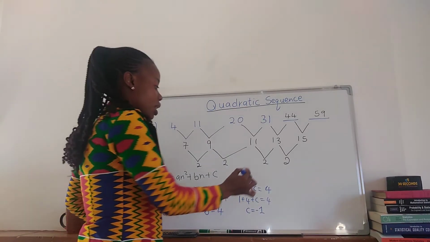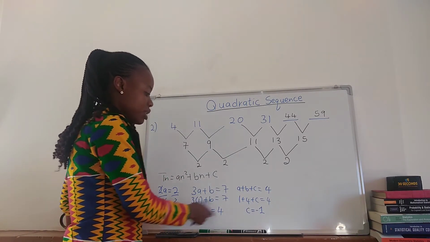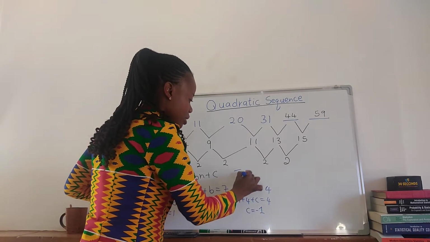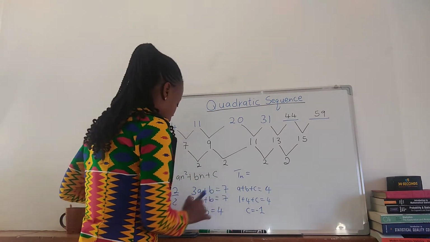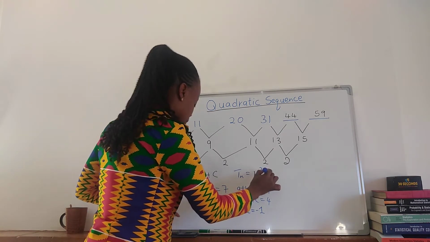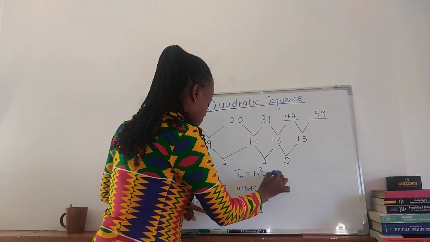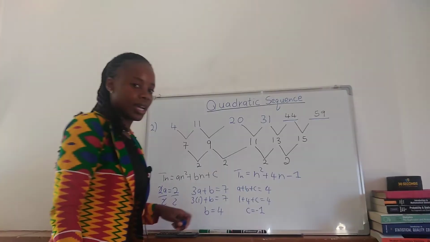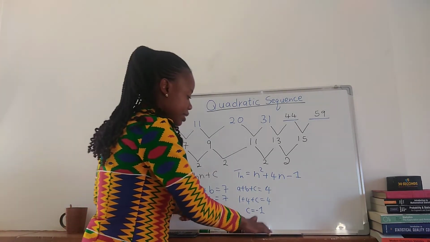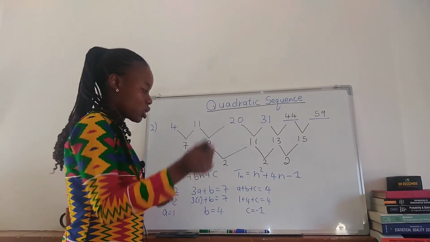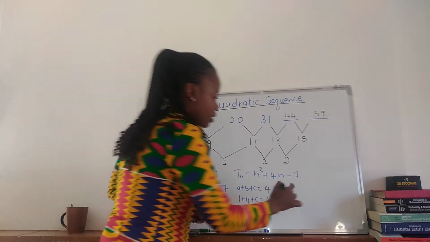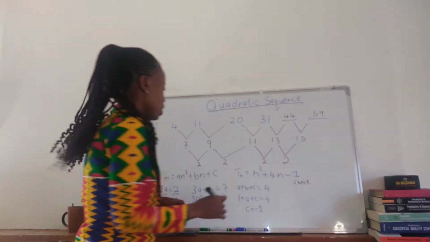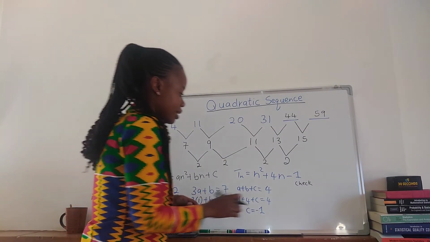Okay? And we substitute our a, our b, our c, right? So, which means our nth term is going to be n squared plus 4n minus 1, right? Let's check if our expression is correct. Let's check using the second term.